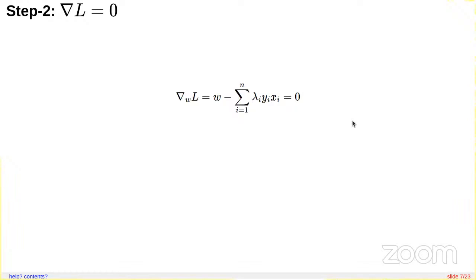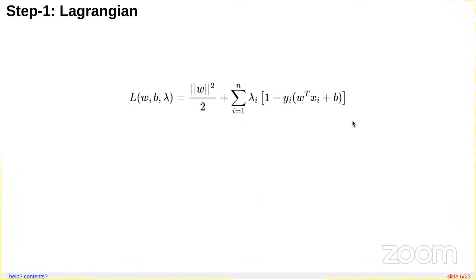In one Lagrangian. That's how it works. You can treat W comma B as one bigger vector. But when we find the gradient, you're doing it individually for W. Yeah, we are doing it individually.